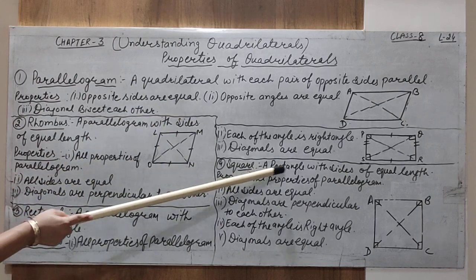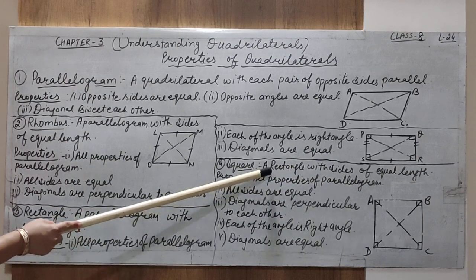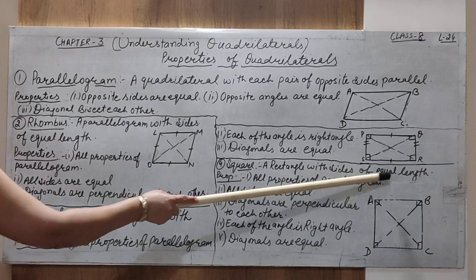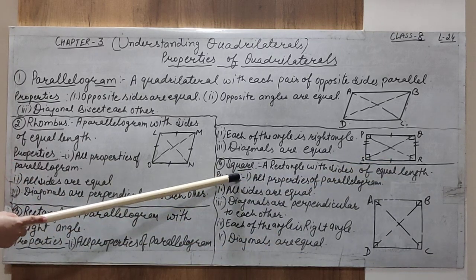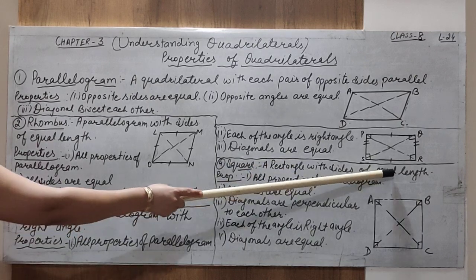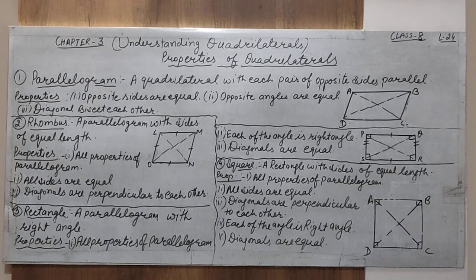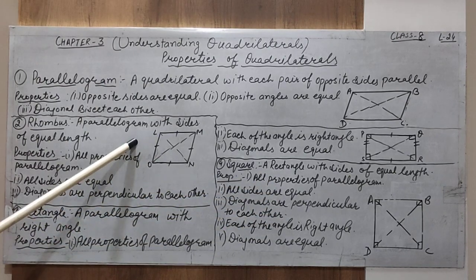Now all the properties of the rectangle and all the properties of the parallelogram are already in the square. So a rectangle, meaning all the properties up to the rectangle, with sides of equal length. All the properties of the rectangle are already included in the square, but one more property is that its sides are of equal length. Now this is also a property of the rhombus as well.